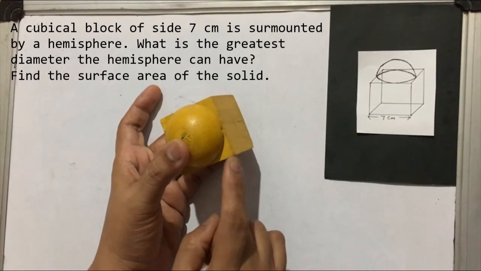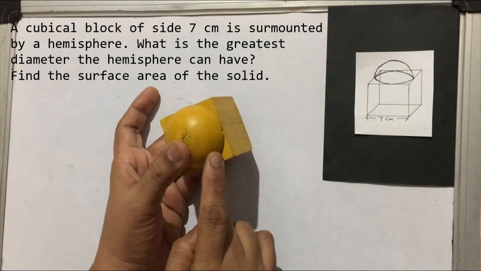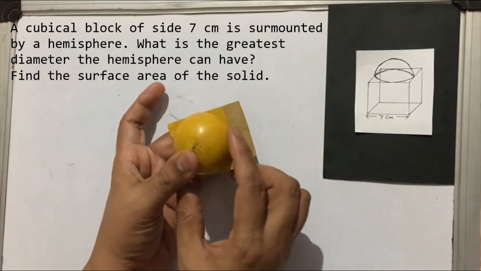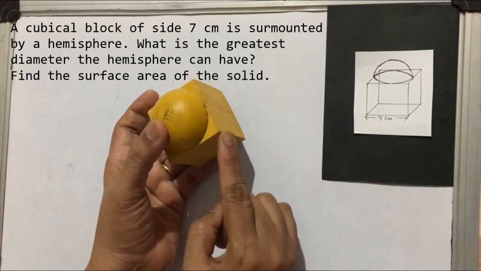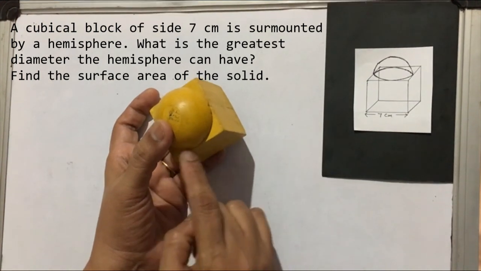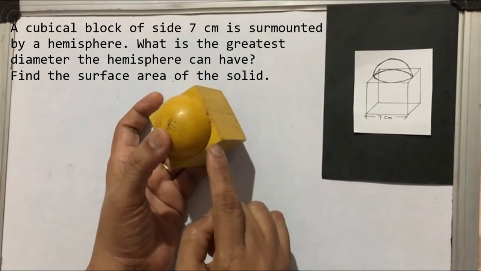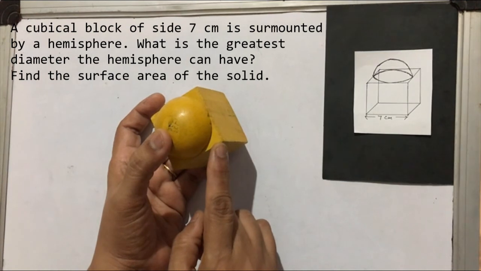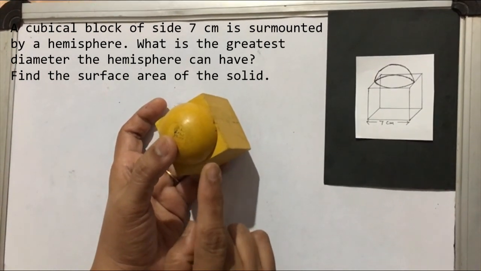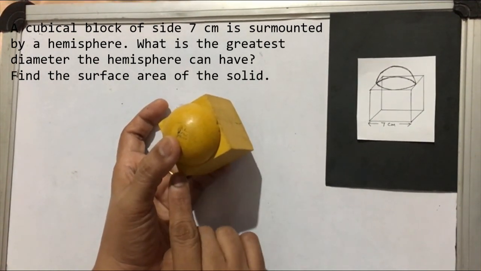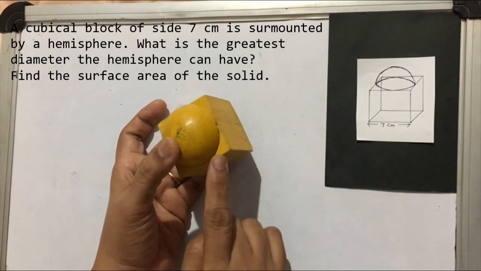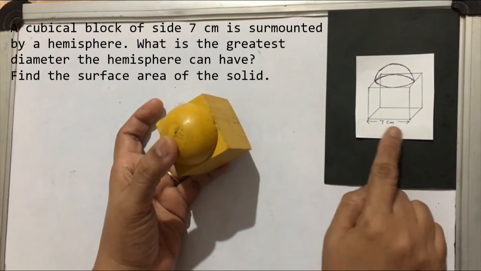When it is surmounted, what can be the greatest diameter the hemisphere can have? Here we can see that exactly the edge of the cube will become the diameter of the hemisphere. So the greatest diameter of the hemisphere is the edge of the cube, that is 7 centimeters.